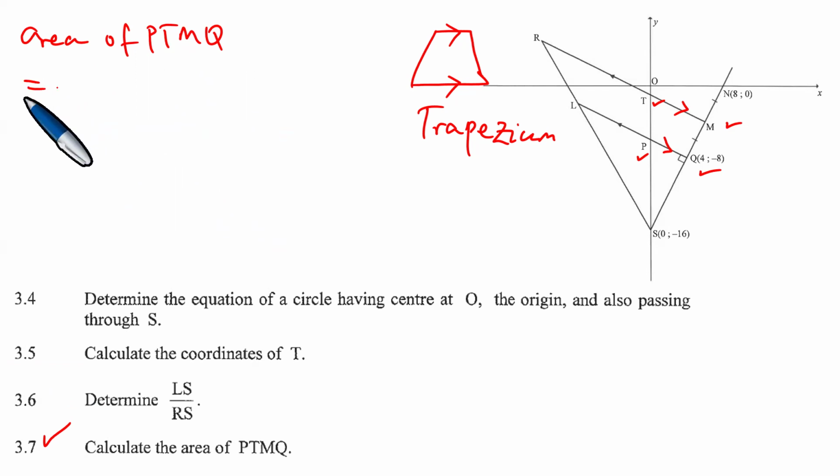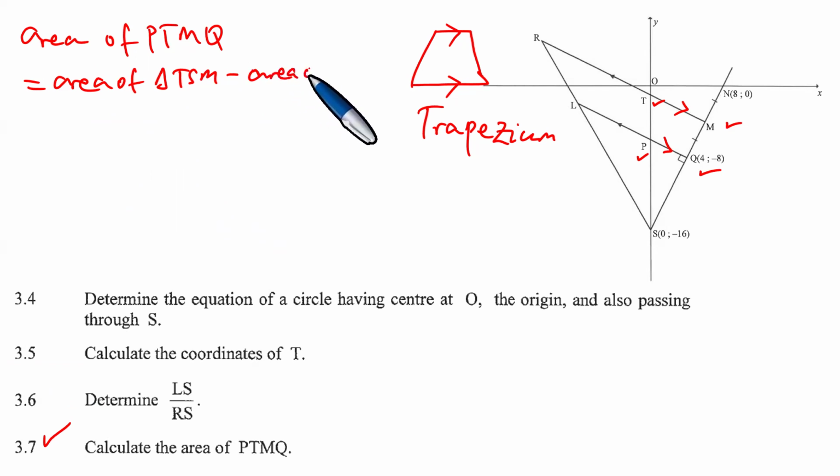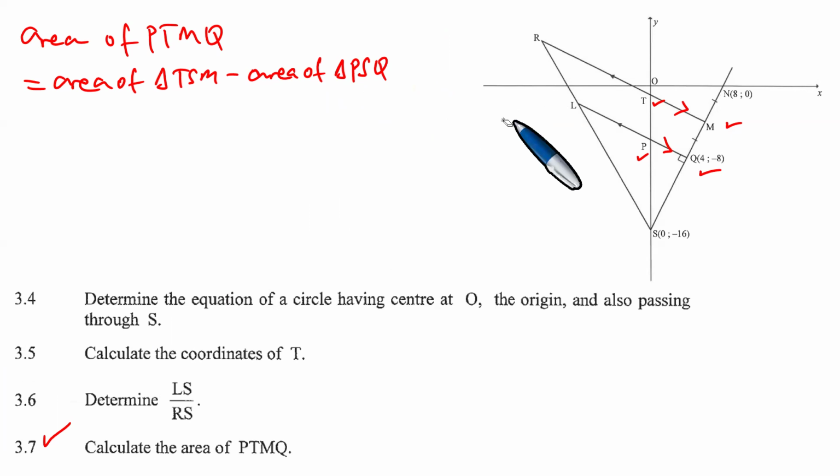And the area of PTMQ is the area of triangle TSM minus the area of triangle PSQ. Okay, let's continue. So the area of triangle TSM, yeah.